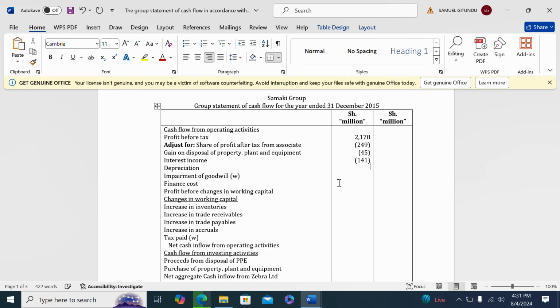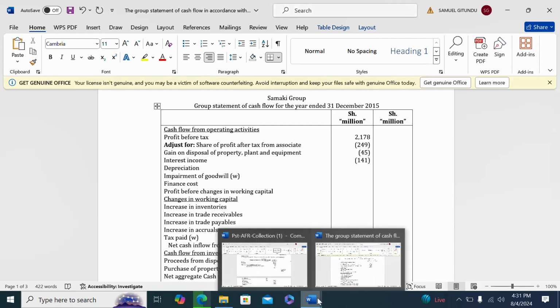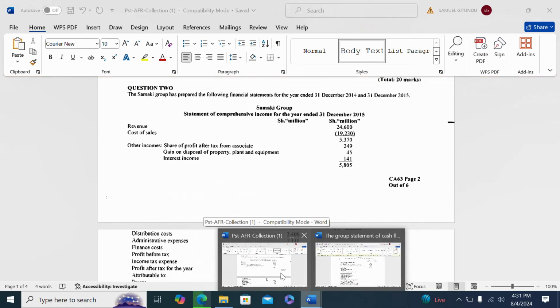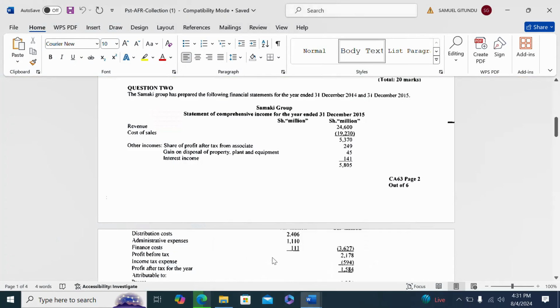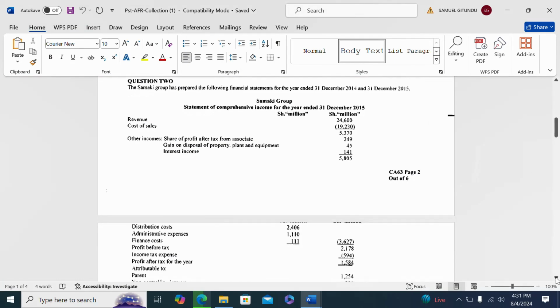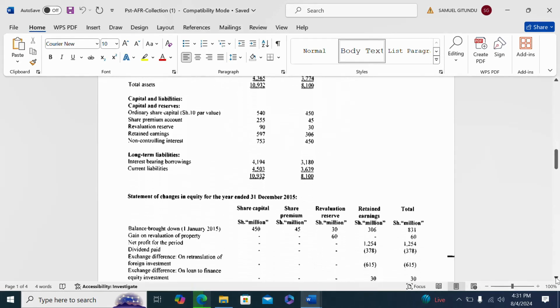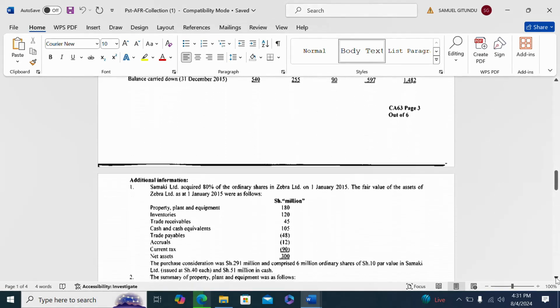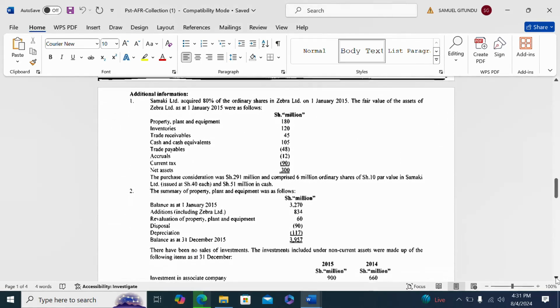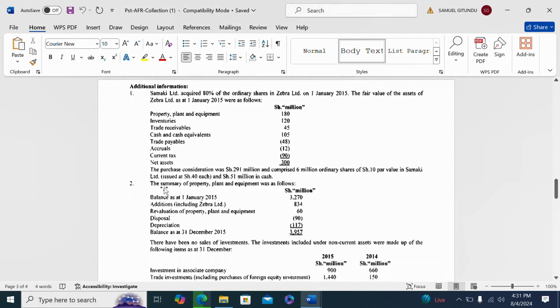Then depreciation. Were we given the depreciation or do we need a working? We can check under the additional information, number 2, where you are given the summary of property, plant, and equipment.